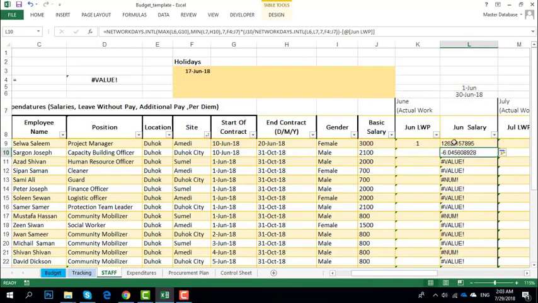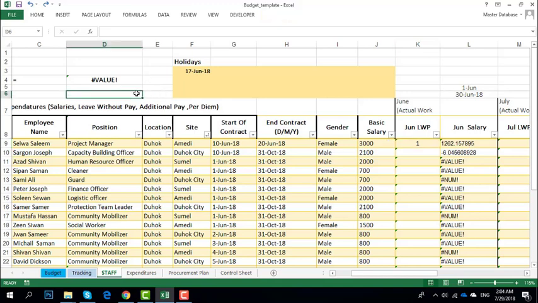Nothing will happen because it was 1,269. Then we minus number one. You see, it is something unacceptable. So we need to minus this one when this one means the money, which means another formula.